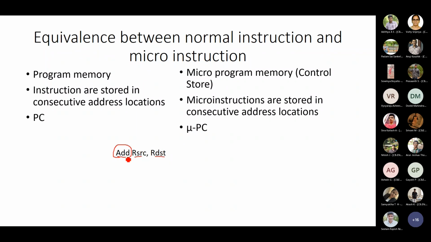Now, in this particular computer that we are going to design, we can fix that the destination is always a destination register, whether it is R1, R2, R3, etc. Whatever you are adding, the source register and the destination register, the result will be stored in this destination register itself. That means the destination register is directly specified.